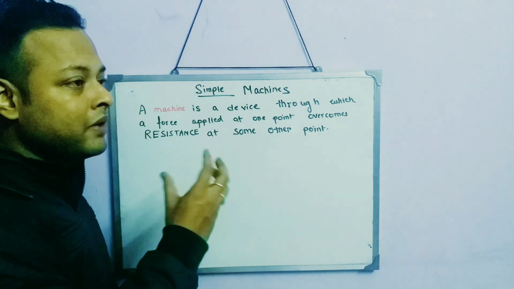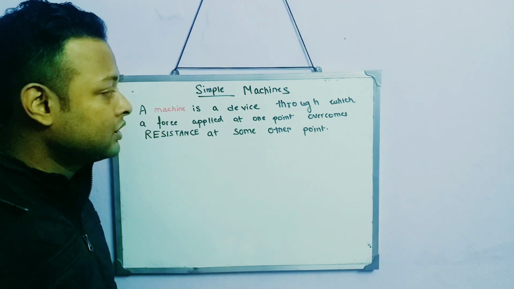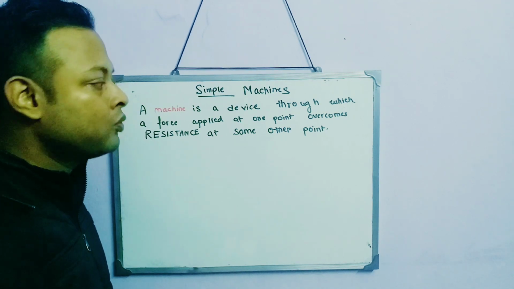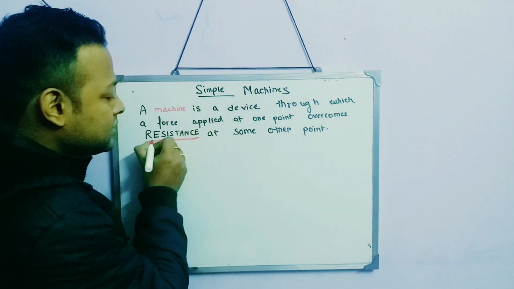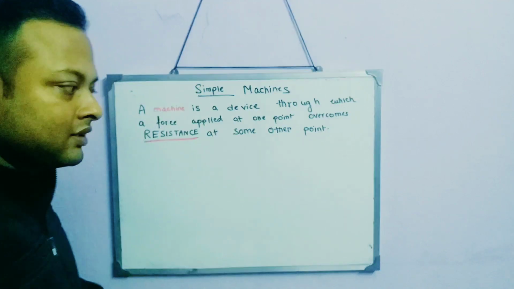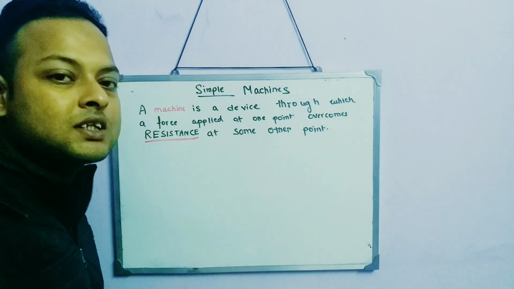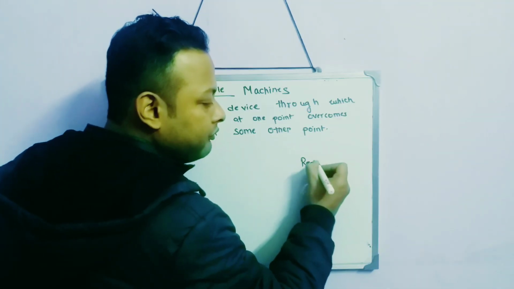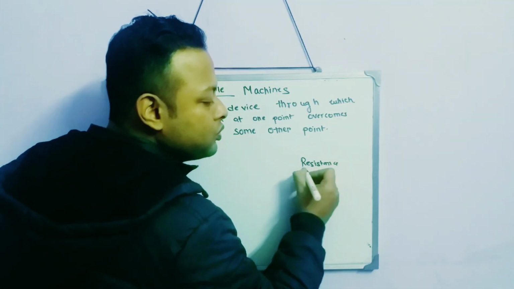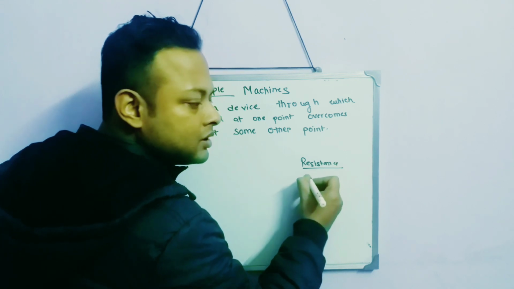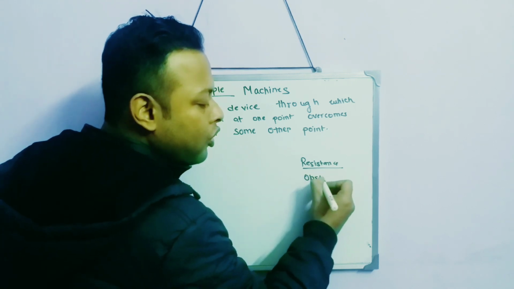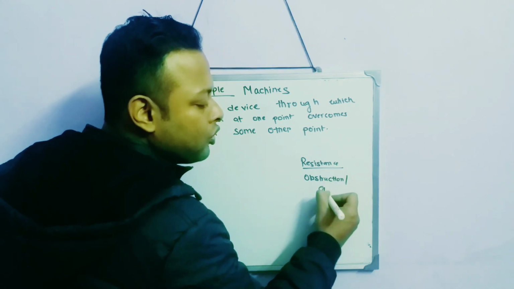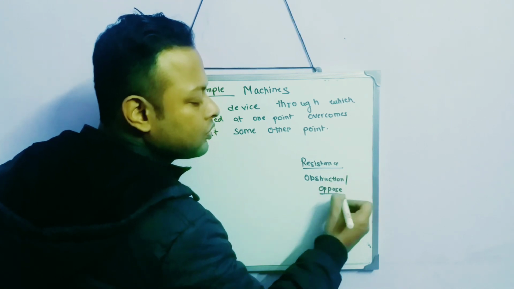What is the main problem in understanding this definition? First, you will have to know the meaning of the word resistance. Resistance means to resist something. You can say it is an obstruction, or you can say opposition.